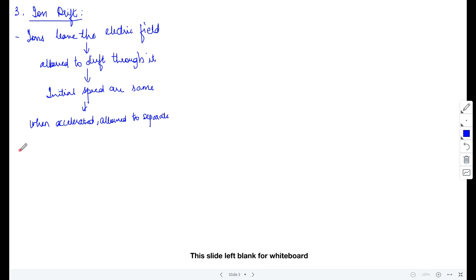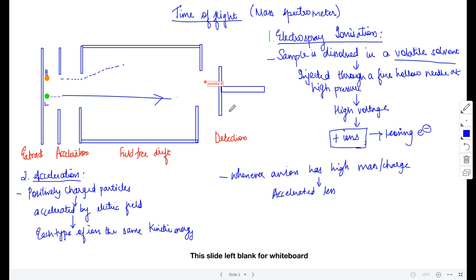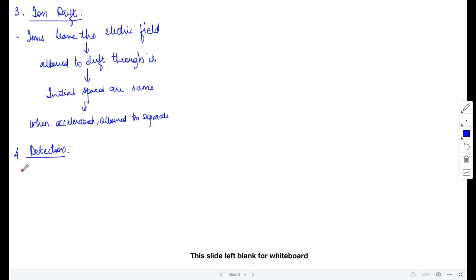Yes. Okay. Last what we have is the detection one. Generally, detection means the final stage, right? What result have we got? So what is happening here? Those with a low mass or charge ratio and higher speeds will reach the detector first.